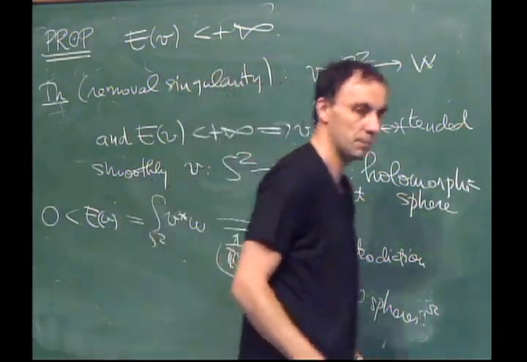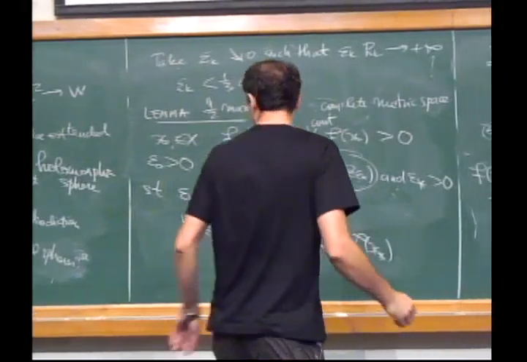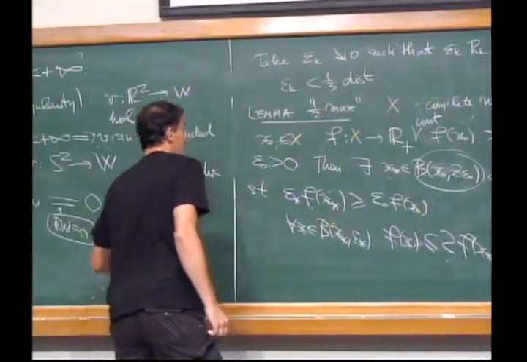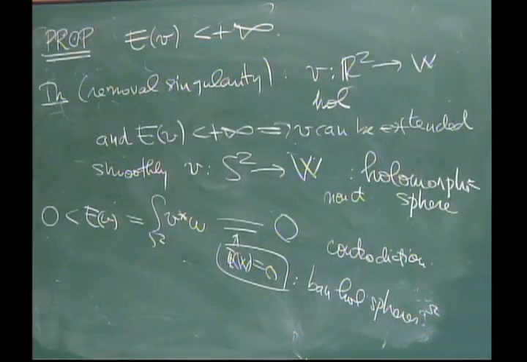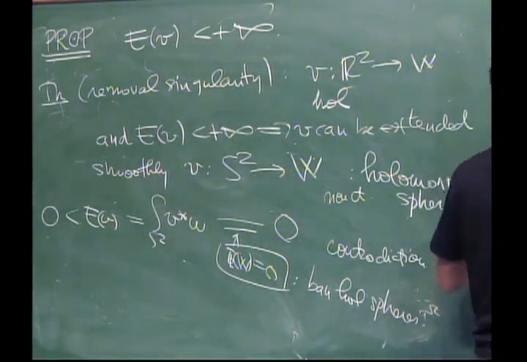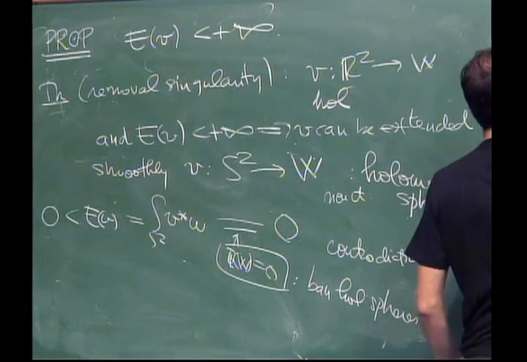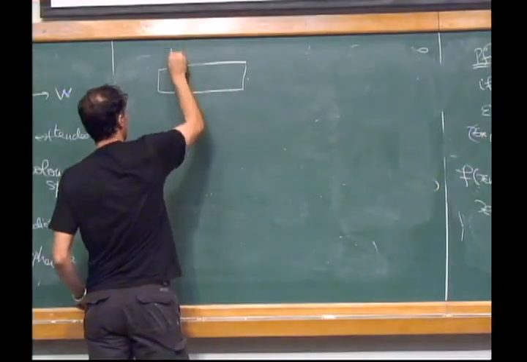Now let me draw you a picture because it's probably not very intuitive. So what happened here is the following thing. At the source we have this R times [0,1].